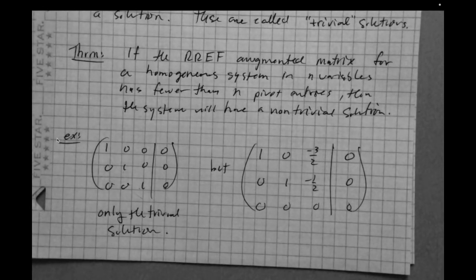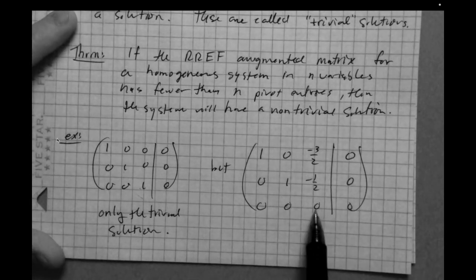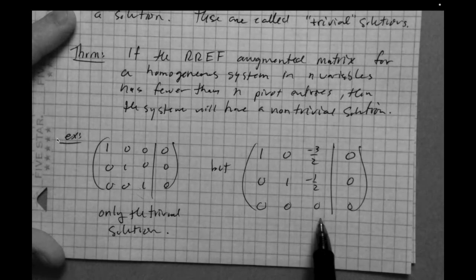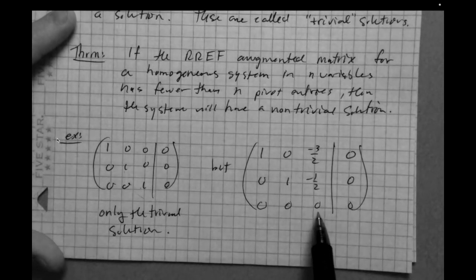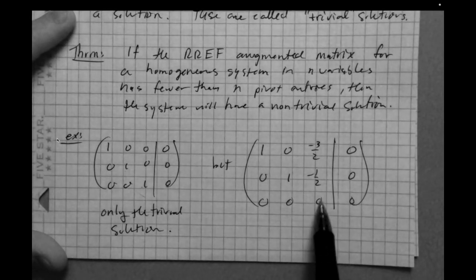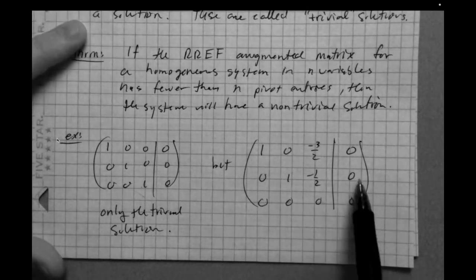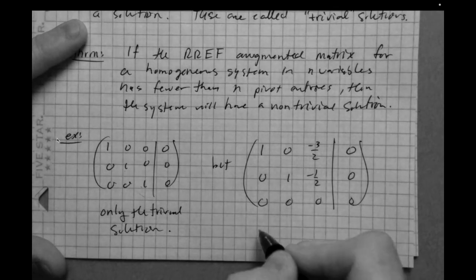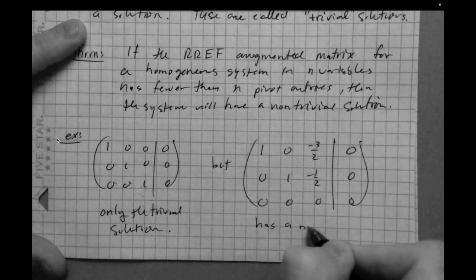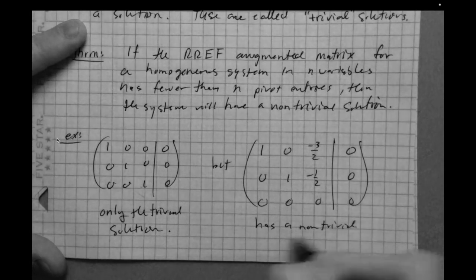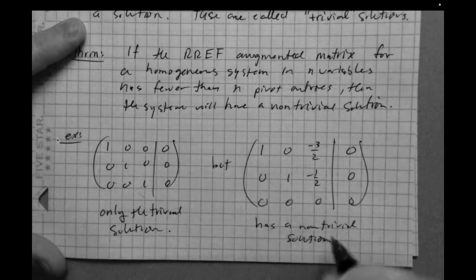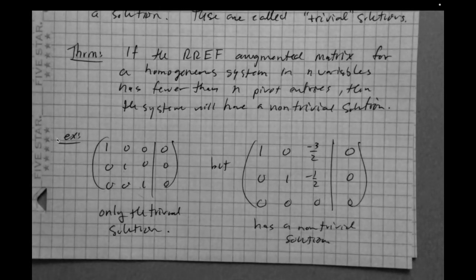This is also a system with 3 variables, x1, x2, x3. But here you can see that I do not have a pivot entry for the x3 variable. I just have a 0 here. There's no non-zero value, so there's no pivot entry. So this is going to have a non-trivial solution.